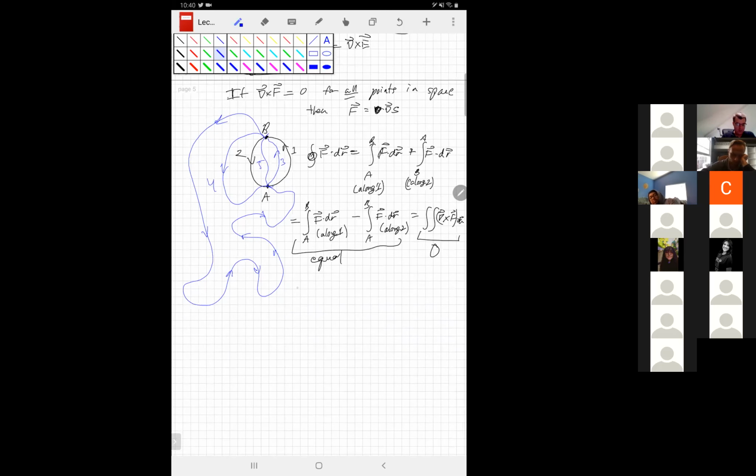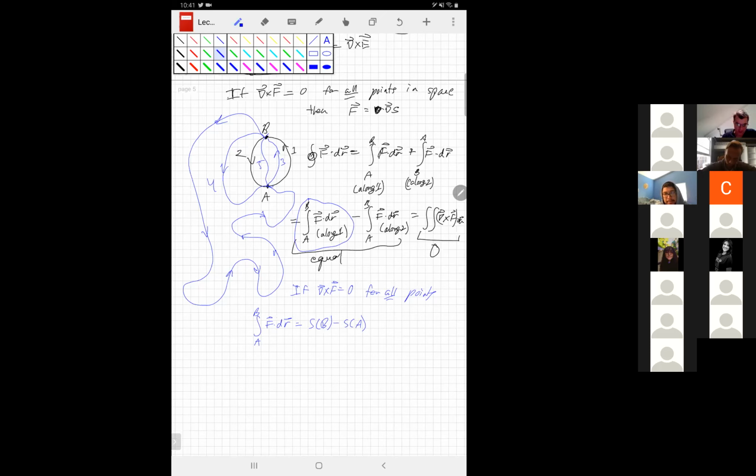So what I can conclude is that if del cross F equals 0 for all points, then the integral from A to B of F dot dr is just some function that I'm going to call S of B minus S of A. And the reason I'm saying that is because I've got this integral whose value doesn't depend on the path.